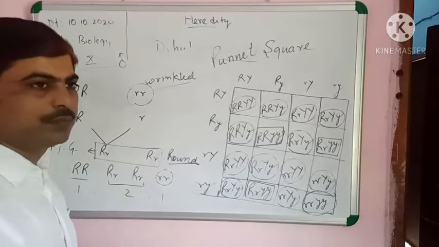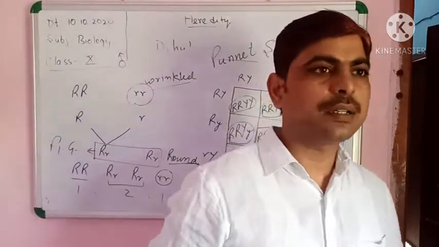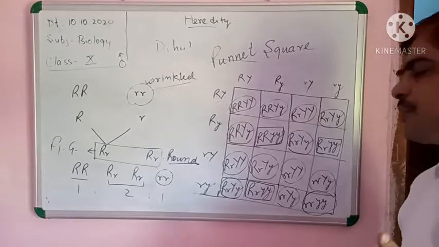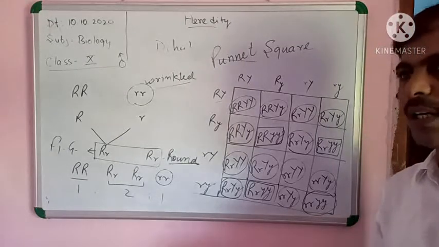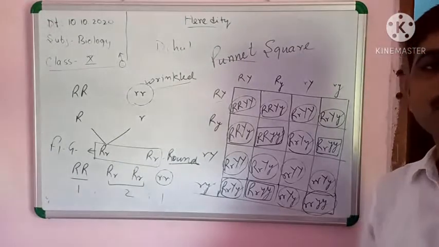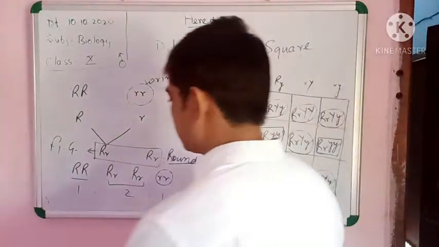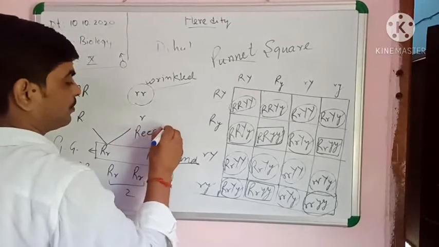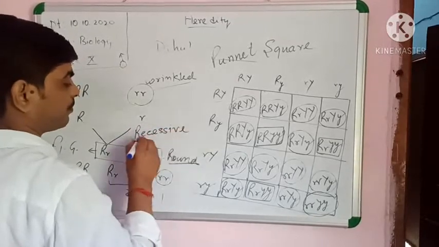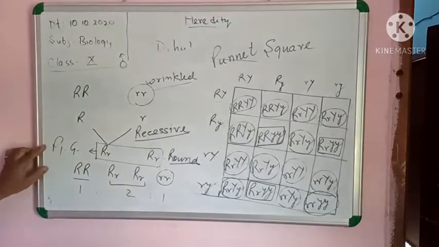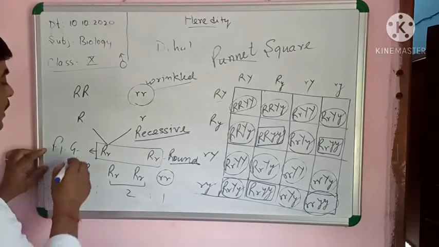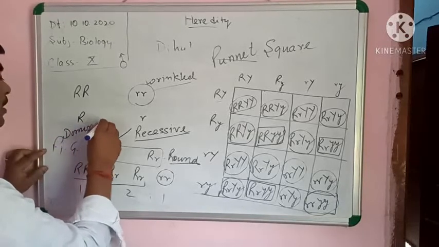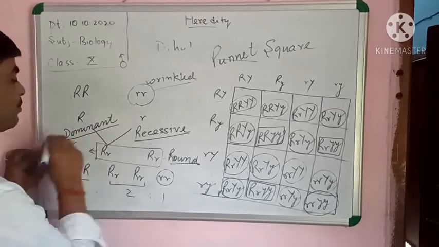Okay. So this, the character, the gene that appears only in presence of similar part of the gene, look here. So that is called the recessive. What is it called? Recessive. Okay. And the character that appeared alone without presence of complementary gene.